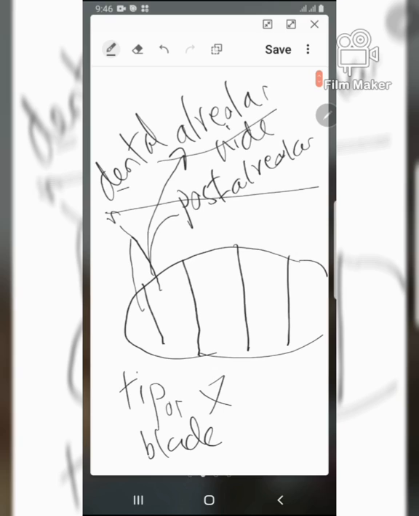If I name the alveolar sounds, for example t, d, l, r, n, these sounds are alveolars. So the tip or blade of the tongue goes to the alveolar ridge. It means they take the adjective for naming these sounds according to the passive one.